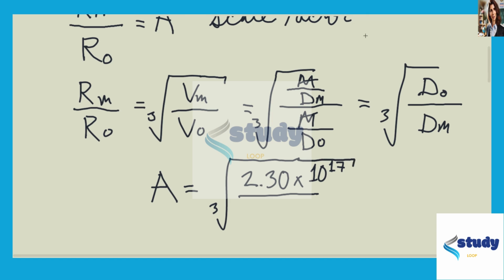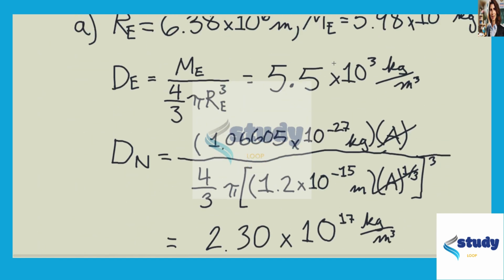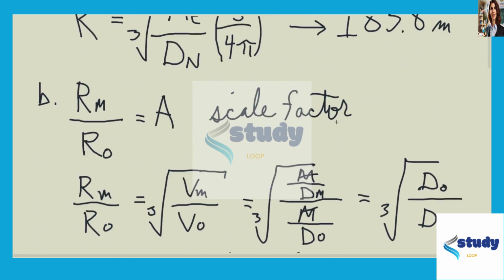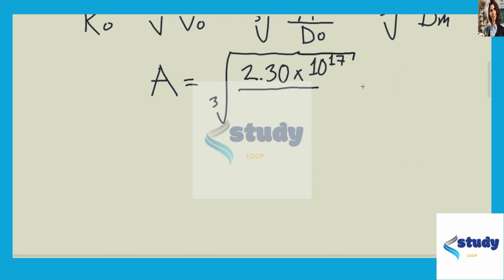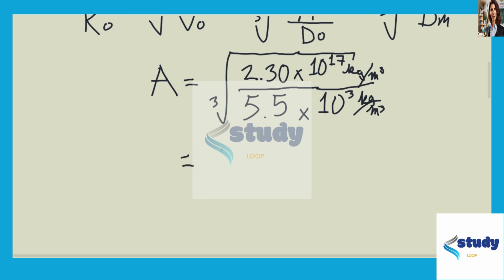The density of the Earth, we calculated above, is 5.5 times 10 to the third, and this is in units of kilograms per cubic meter. If you crunch those numbers, you'll find that this is equal to 3.5.